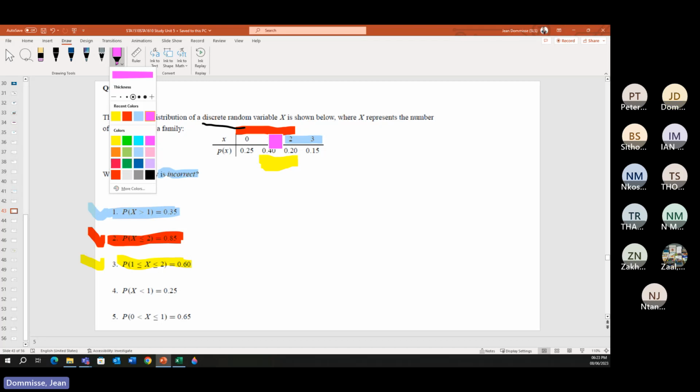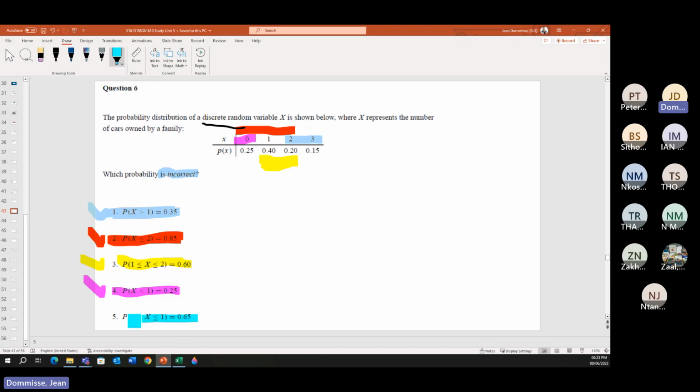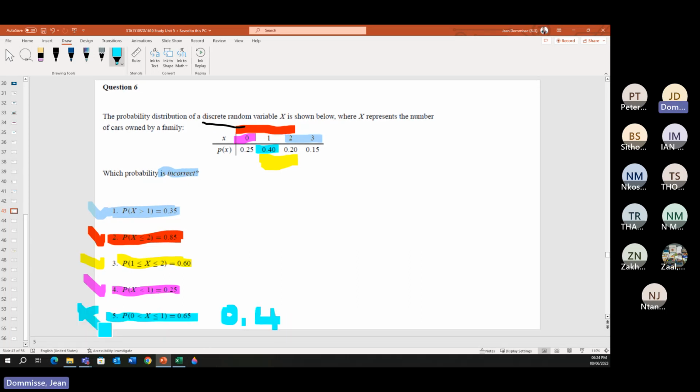Smaller than 1, basically only looking at 0, which is 0.25, which is correct. So then obviously the last one must be wrong, but let's just see why. Smaller or equal to 1, but bigger than 0. So it's only the number 1 that we're looking at, which is 0.4. Okay, so that is why that one is incorrect.